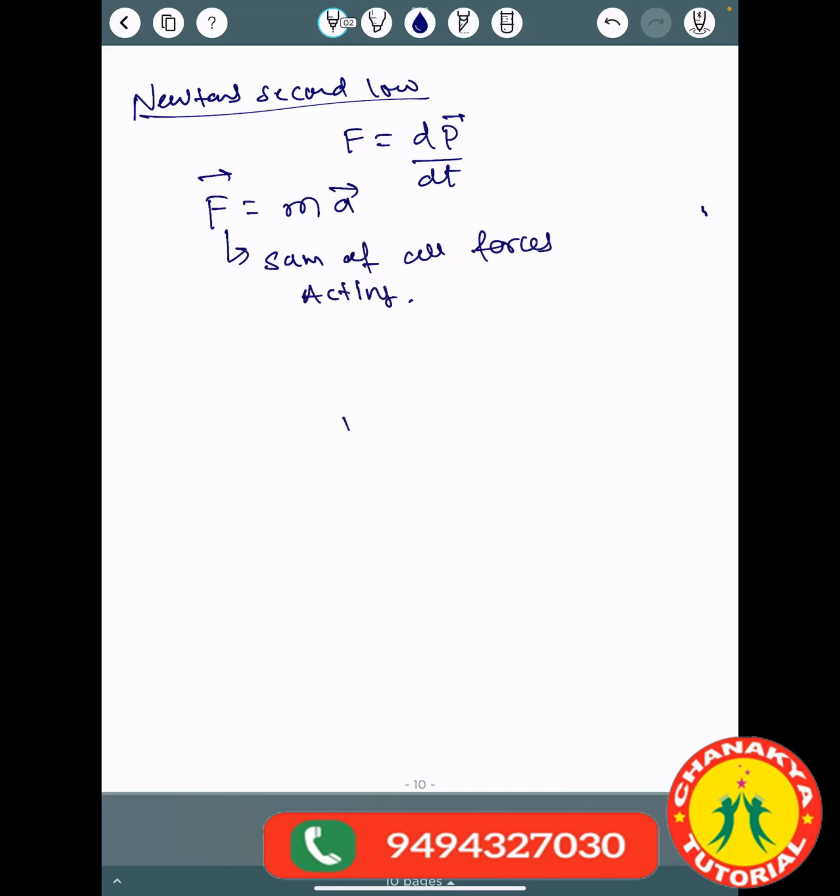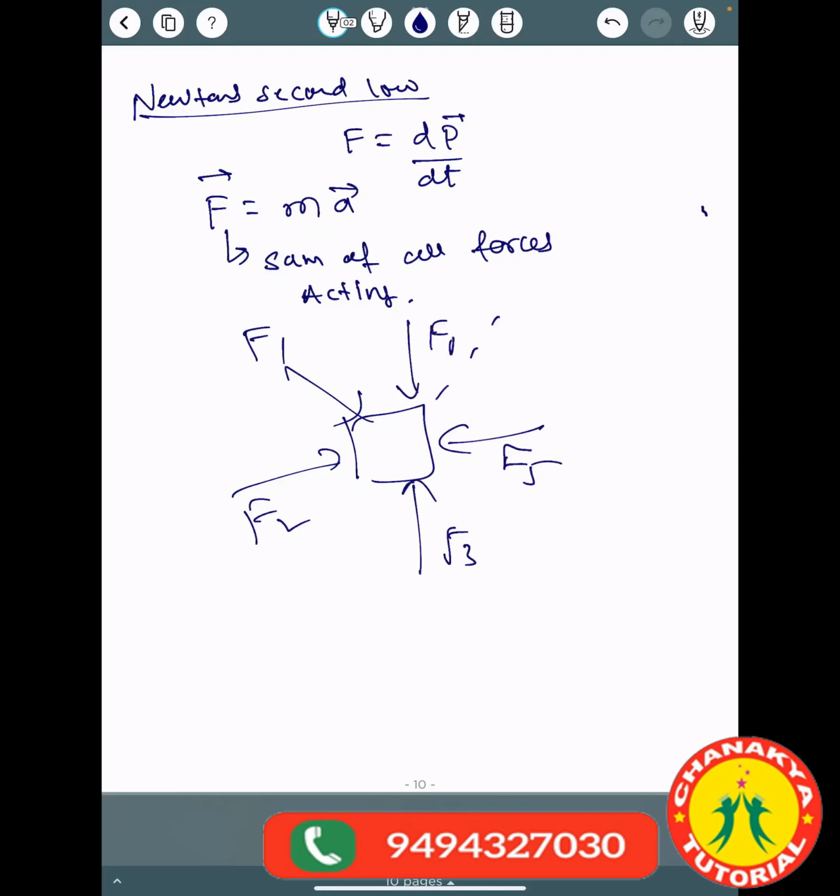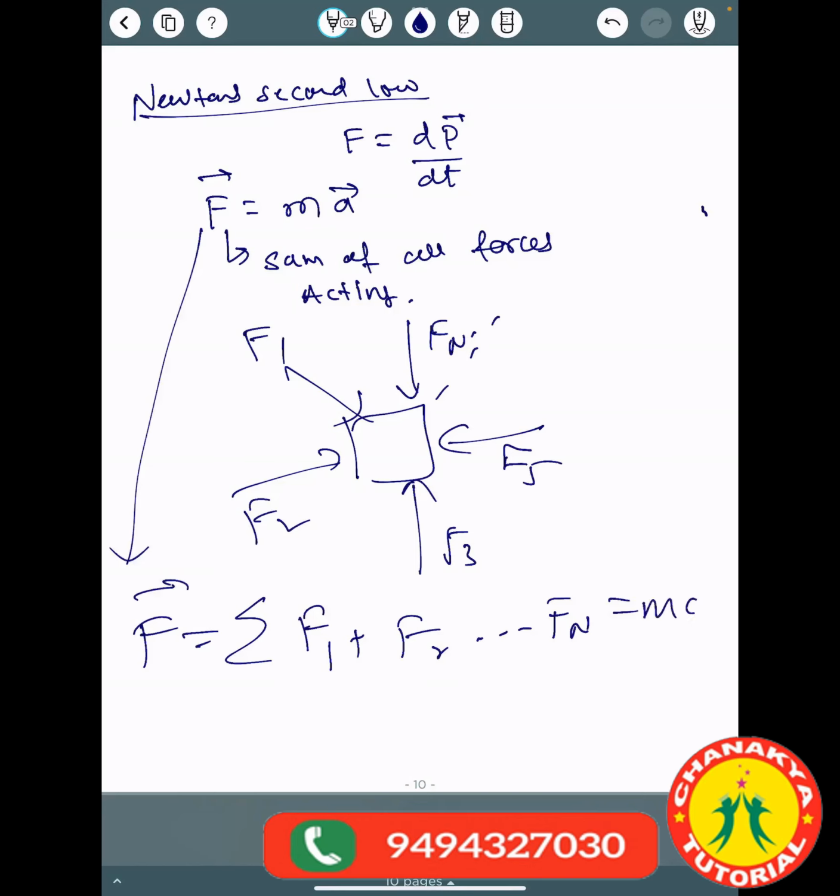For example, there is one block and n forces are acting: F1, F2, F3, up to Fn. The vector summation of all the forces F1, F2, and so on up to Fn is nothing but my force F. This is equal to mass into acceleration, and the acceleration will be the acceleration of this block.